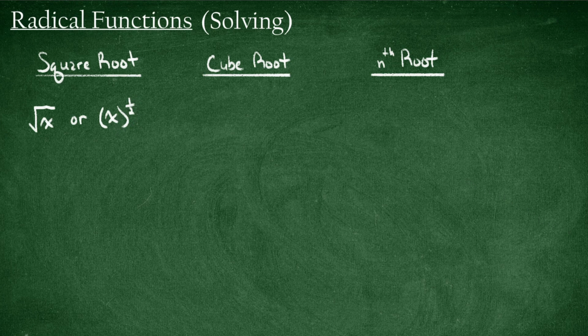We will use both. But ultimately, if I want to take the inverse operation of that, then the inverse operation of a square root or something to the 1/2 power is squaring that. Okay, so this will cancel out the square root. And it's actually really clear to see it right here. If I have x to the 1/2 to the second power, then I would multiply these exponents to get 2/2, which is really just 1.